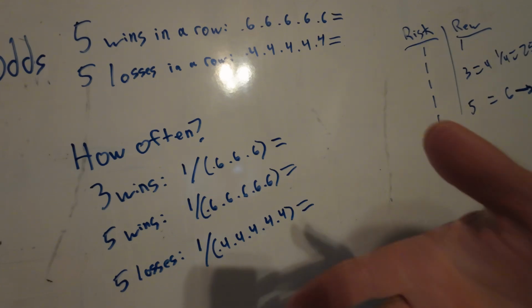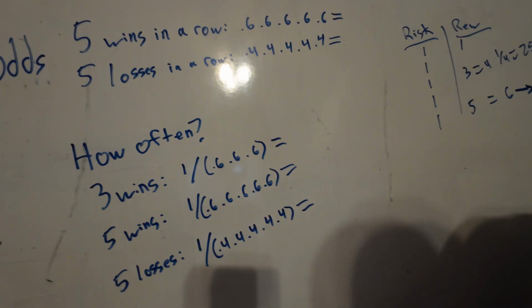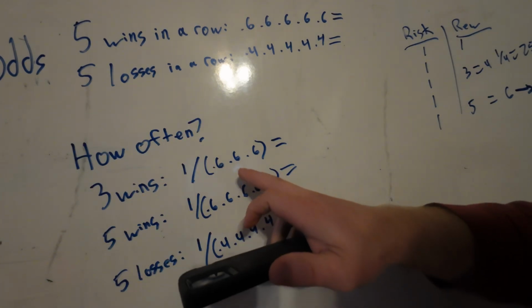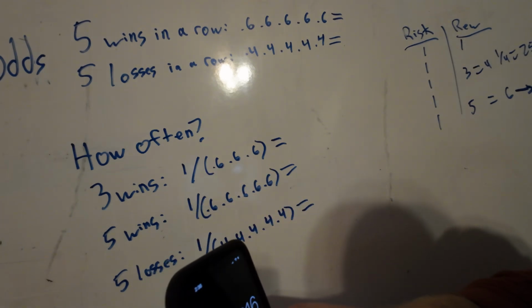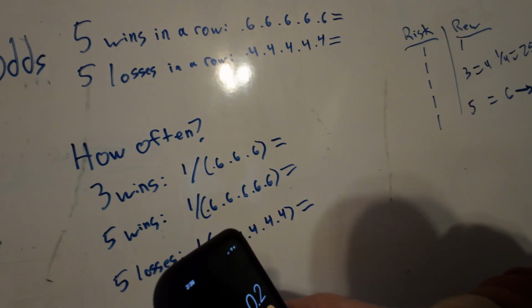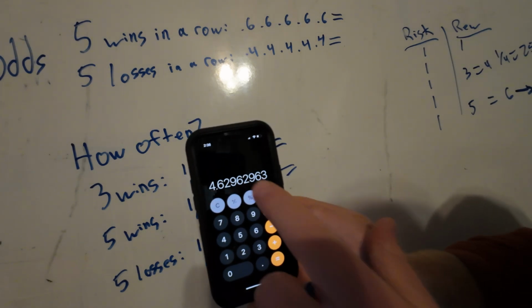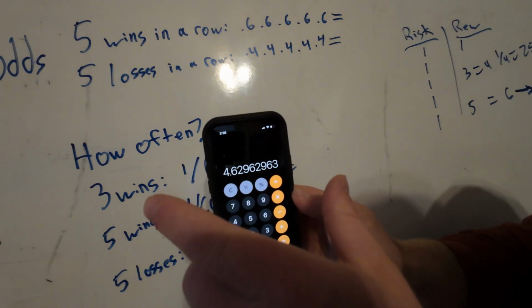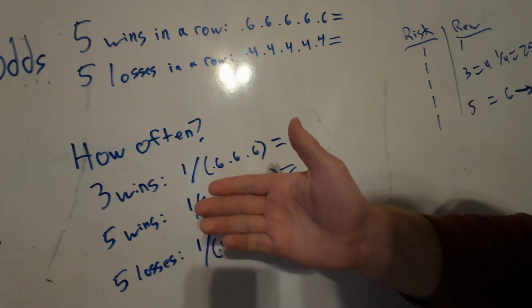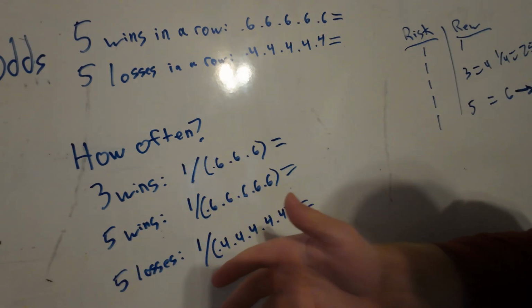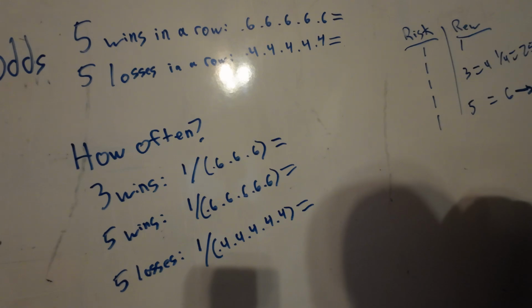So how often? We do 1 divided by that. So it's 0.216, and you do 1 divided by that. It's about once every 4.6, so let's say 5. Once every 5 trades, you're likely going to have 3 winners in a row.